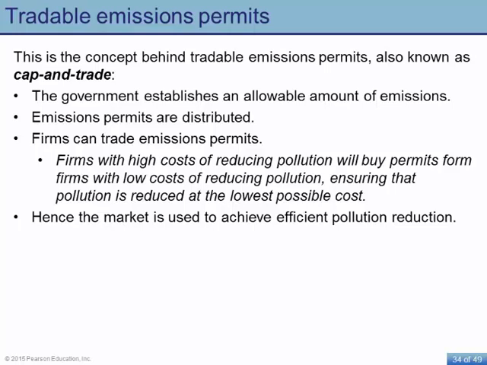Because third, firms are allowed to trade these pollution permits. So firms such as GM, who have relatively high costs to reducing pollution, can buy additional permits from other firms such as Ford, who have relatively low costs for pollution reduction. As a result, pollution is reduced in the least costly manner. Thus, the market is used to efficiently reduce pollution.